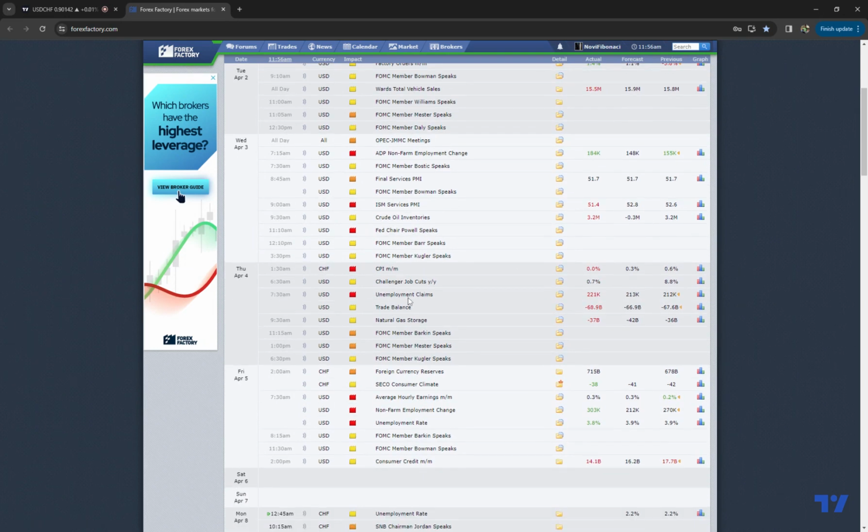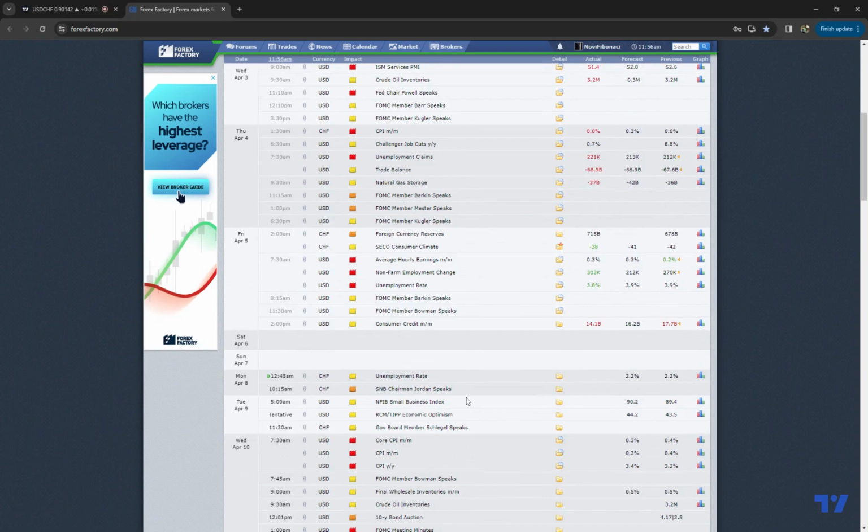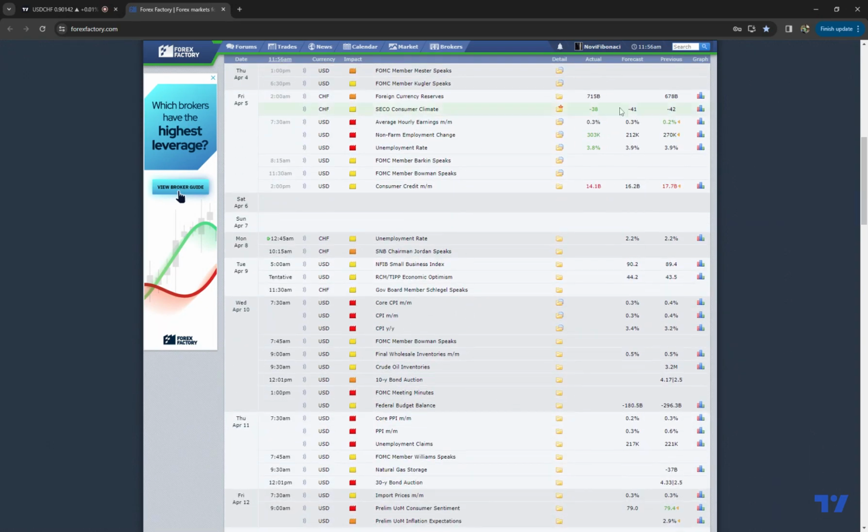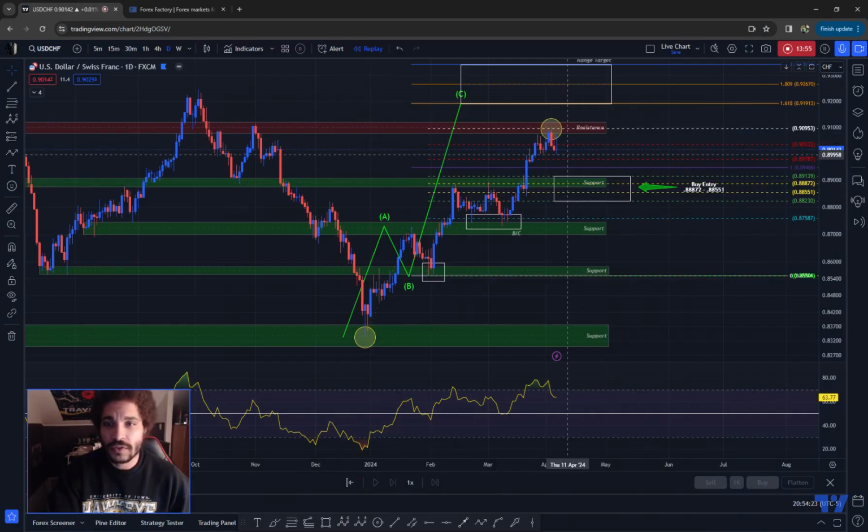On top of that, we also had unemployment claims coming in high. So it's really going to come down to the fundamental story on whether CHF is going to catch up and get some power here.